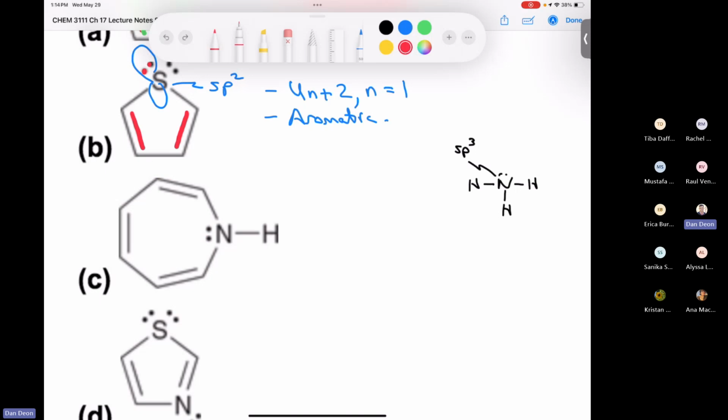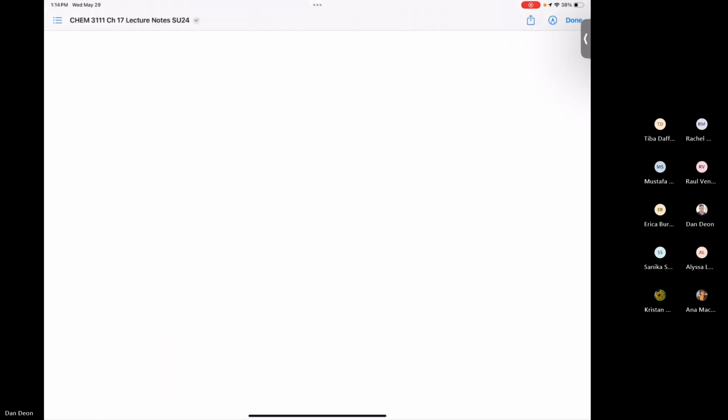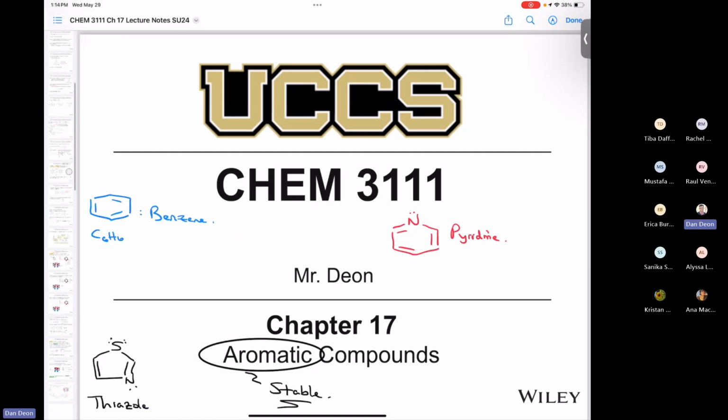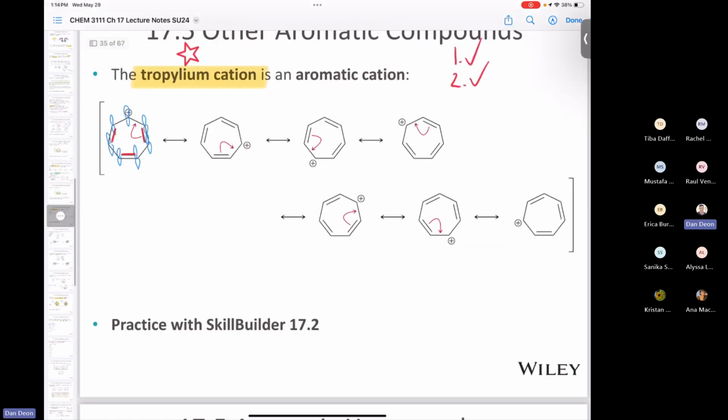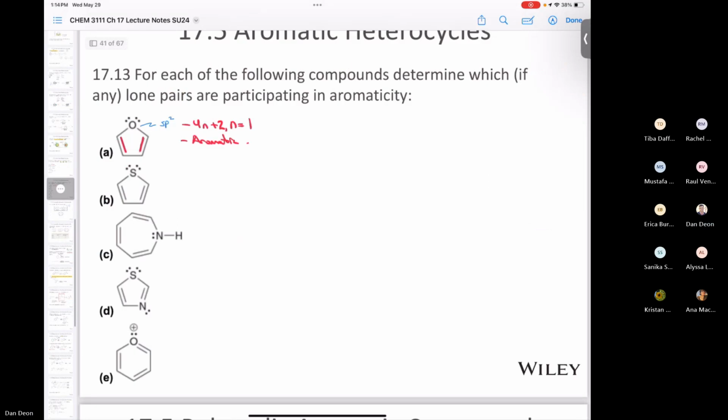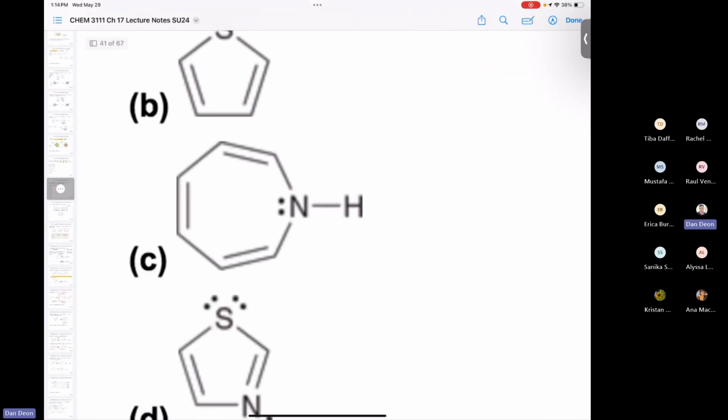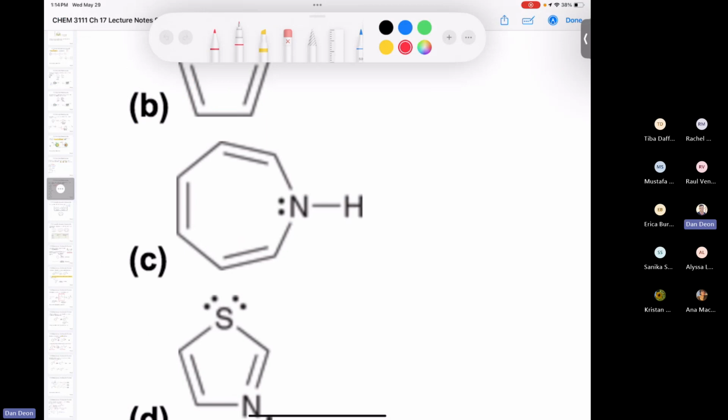So we have to determine whether the hybridization of this nitrogen is sp2 or sp3. If it was sp2, that would mean that this lone pair is in a p orbital. All the carbons in the ring are sp2 hybridized, so everything else in this ring is sp2 hybridized.